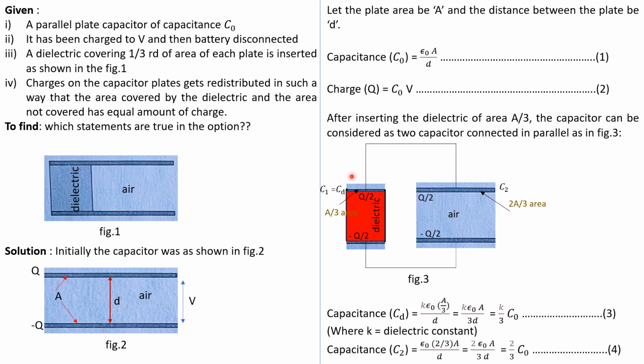And we call this capacitor with dielectric C1, equal to C subscript D, D stands for dielectric. Area is A by 3. Charge was initially Q, equal amount has to be shared as per the question, so Q by 2.